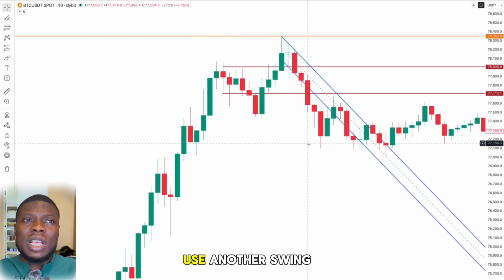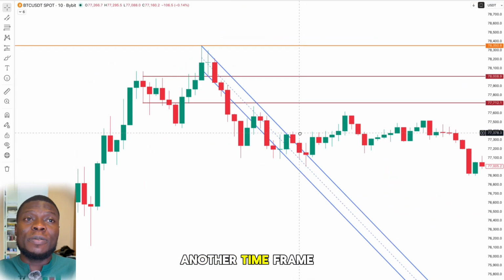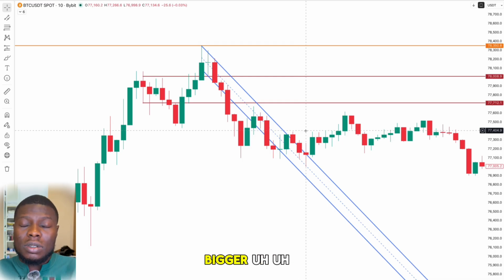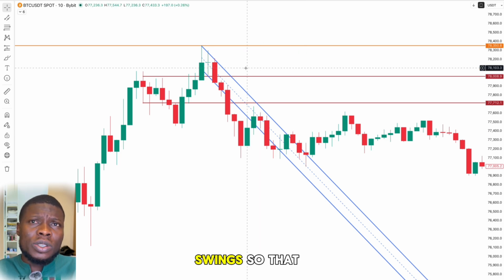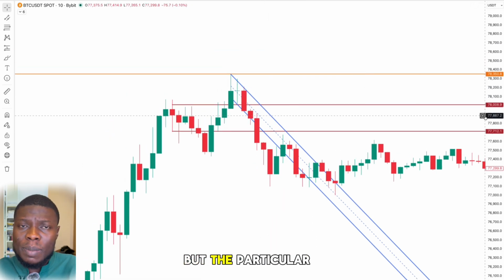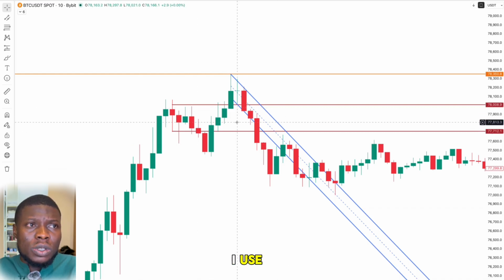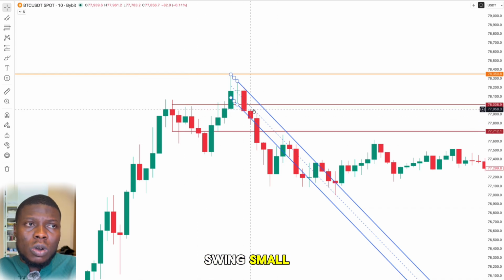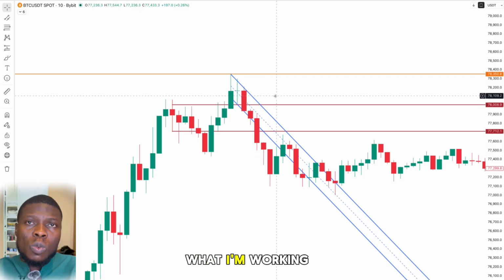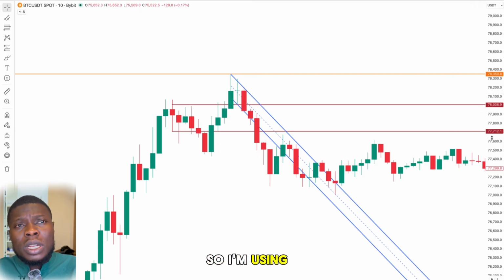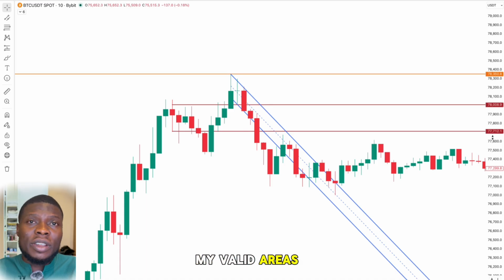Maybe if you use another swing, you can use another time frame that will have bigger swings so that we can use different time frames. But the particular cycle swing I used made my swing small. So that is what I'm working with. So I'm using only 1 minute, 2 minutes, or 3 minutes. So these are my valid areas to use.